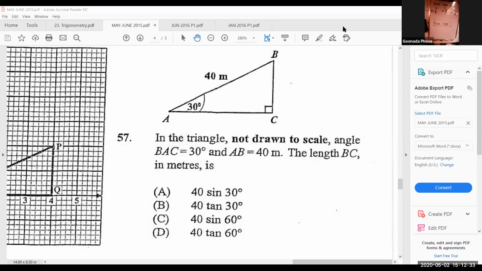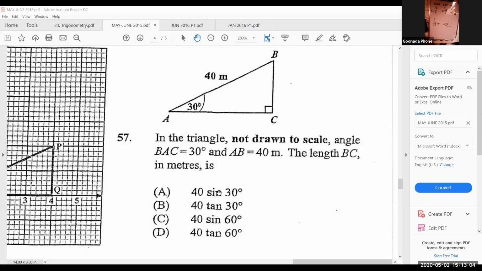Now these questions repeat, so you all need to pay attention to the answer. 40 sine 30. And why do we use sine? Because we're given the hypotenuse, and we are asked to find the opposite. The only ratio that uses opposite and hypotenuse is sine.